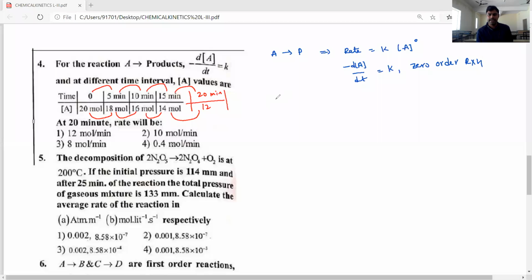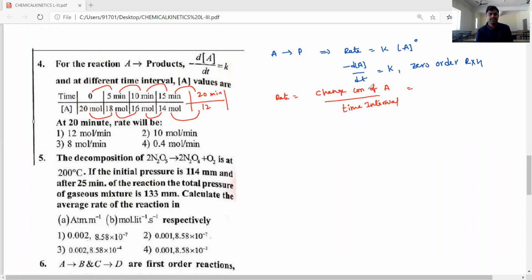In that case, the rate is equal to the change in concentration of A by the time interval.